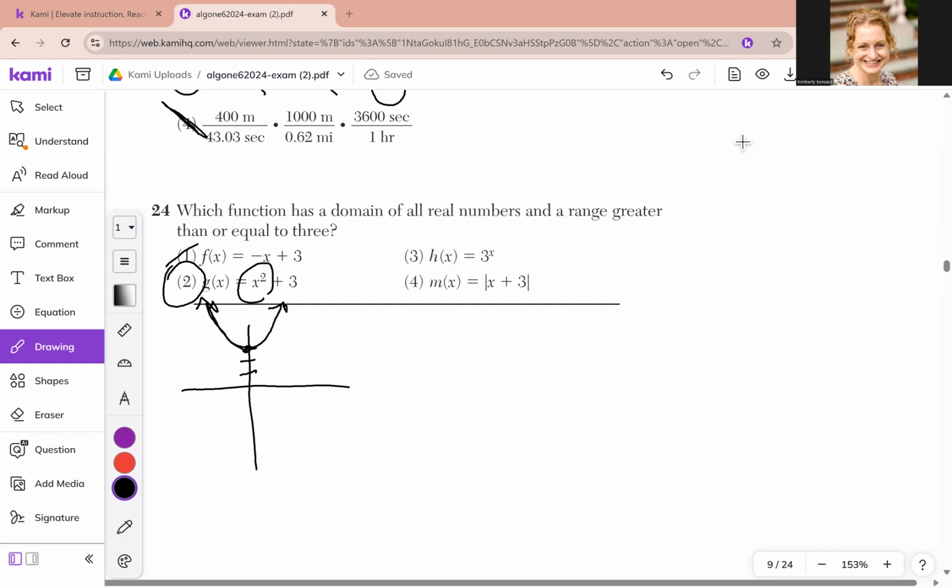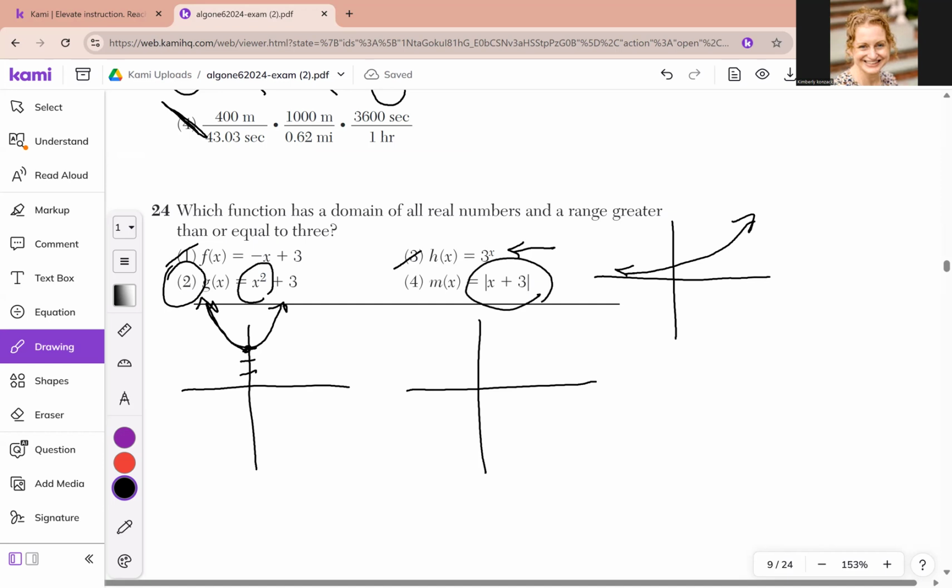All right. And again, you could just plug this into your calculator. Choice 3 is an exponential function, which looks like this when you plug it into your calculator. The domain is all reals, but the range is reals greater than or equal to 0. Domain are x's and range are y's. Okay, so that's not it. And 4 is your absolute value.